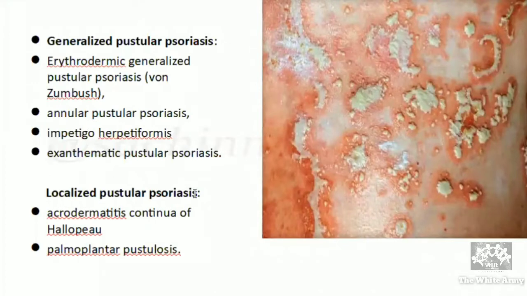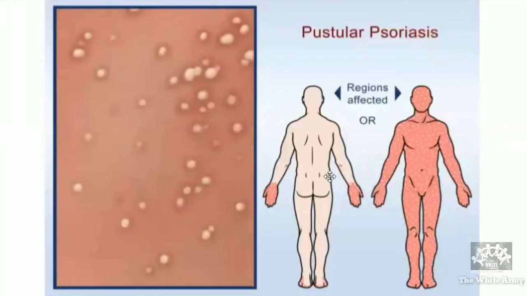These are all not that important. And localized pustular psoriasis, again, there are two types: acrodermatitis continua of Hallopeau and palmoplantar pustulosis. Okay. So it is either localized to the extremities or generalized: localized and generalized types of pustular psoriasis.